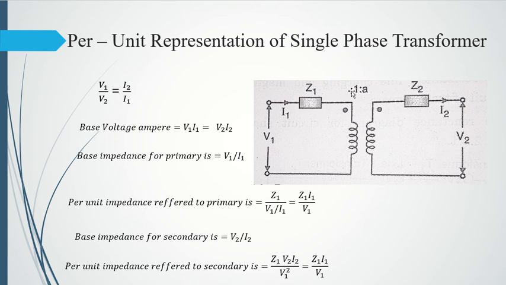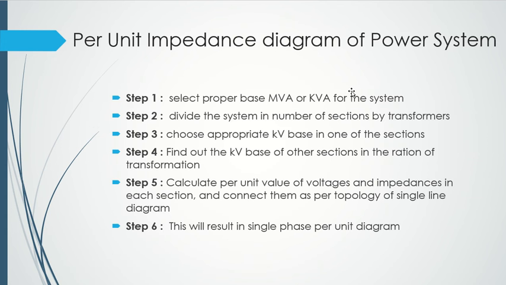All these small subtopics lead us towards this conclusion: the per unit impedance diagram of my whole power system. It seems quite massive when you think about it, but when you distribute it in small parts, it seems a bit less complex, or easier in a way.